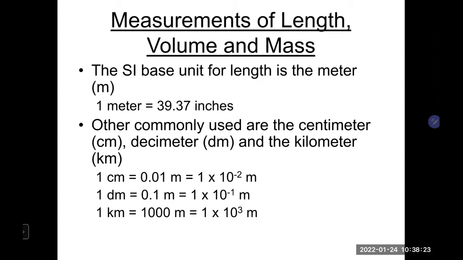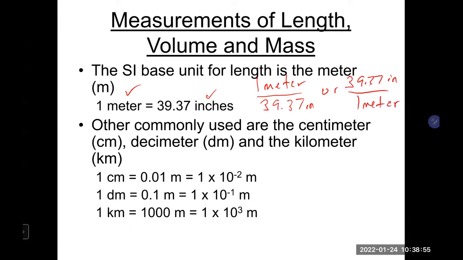So when we talk about 1 meter being equal to 39.37 inches, these both represent the same amount of length. And as we'll talk about later, we can use these as conversion factors. Like, for example, 1 meter is 39.37 inches, or 39.37 inches is 1 meter. So we can use these as conversion factors.